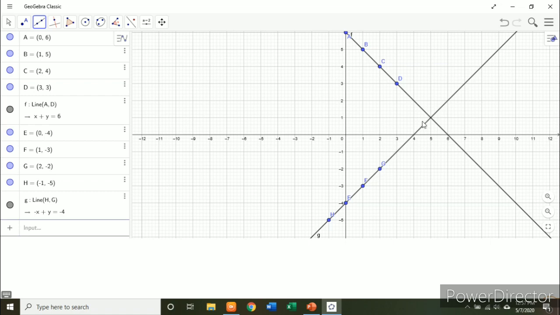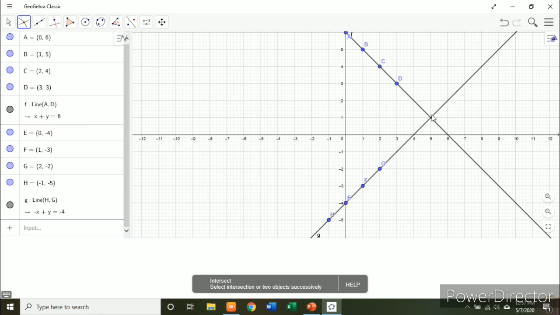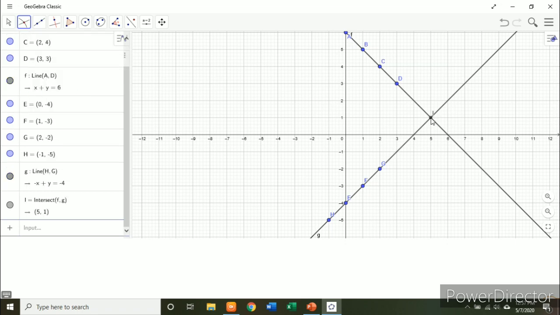And we have to find the point of intersection of these 2 lines. So the point of intersection is point I and the coordinates are 5, 1. So this is our solution.